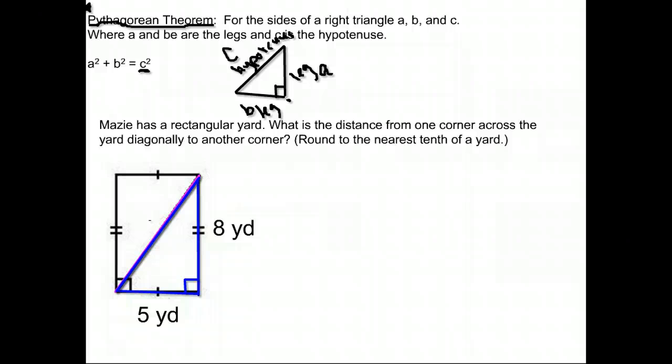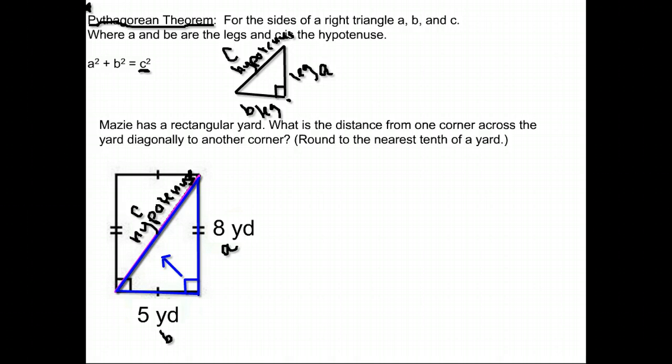So remember, in the Pythagorean theorem, the side across from the right angle is always our hypotenuse. So this right here is our hypotenuse. That's our C. The other two sides are our legs. This would be A, this is B, and this side is C. So we go ahead and set up the equation.